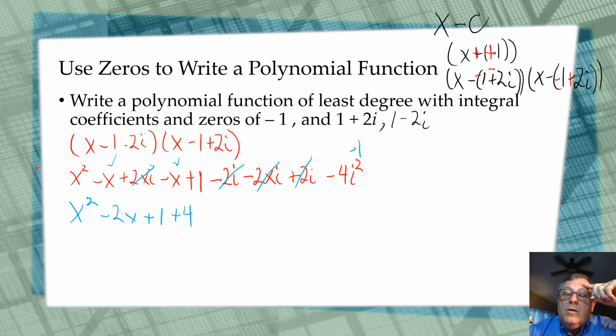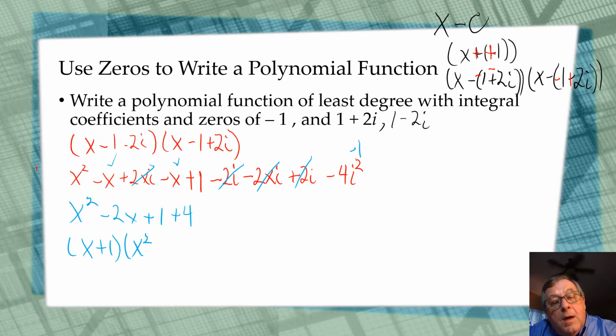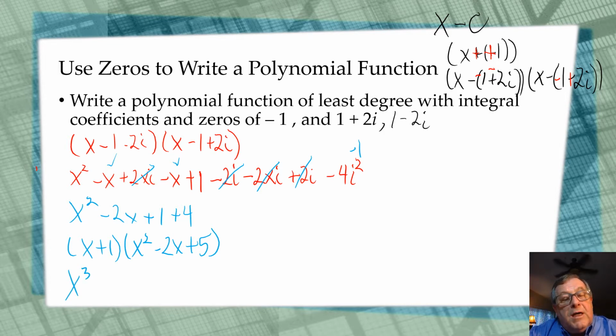Now let's go ahead and think about distributing this x plus 1 to that. So I got x plus 1, my third factor, times x squared minus 2x plus 5. All right, so x times x squared is x cubed. X times -2x is negative 2x squared.